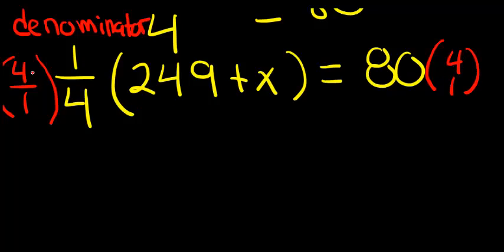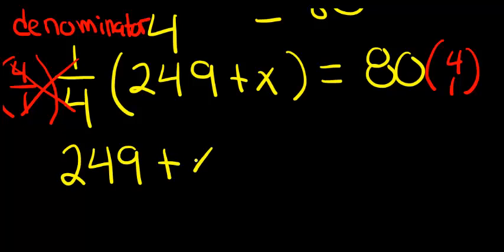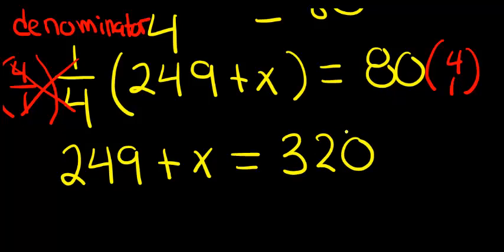We need to stay in balance. This will reduce down to 1, leaving me just that numerator that was there. So I'm going to rewrite the left-hand side as 249 plus X is equal to 80 times 4, which gives me 320. Okay? So we're still trying to solve for the unknown 4th test score. What does he have to make in order to get an 80 average?